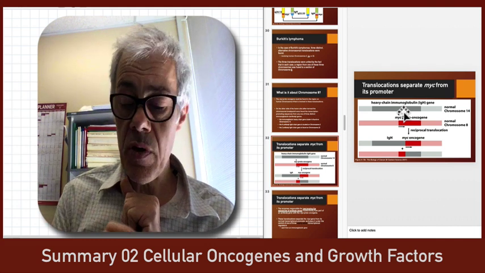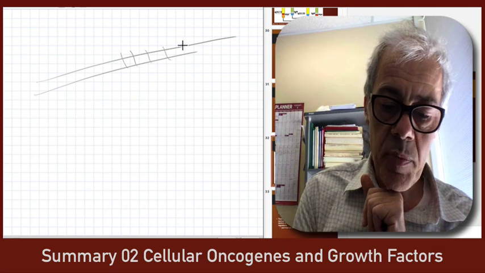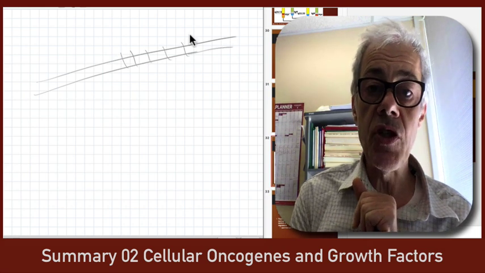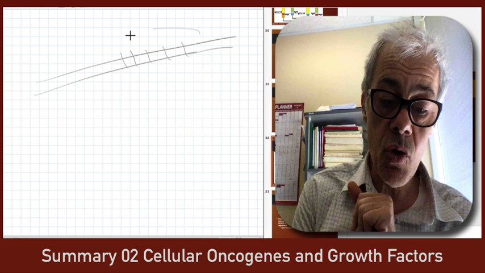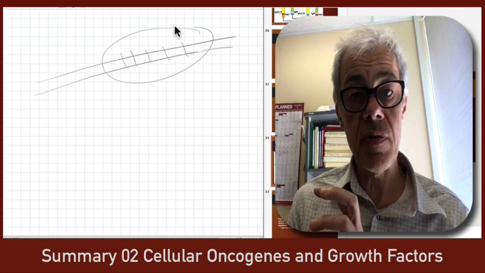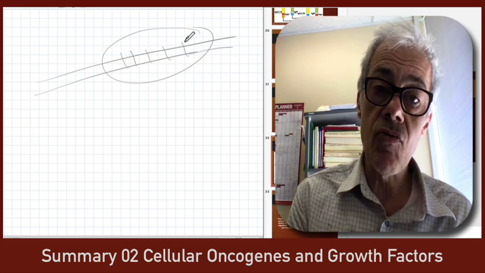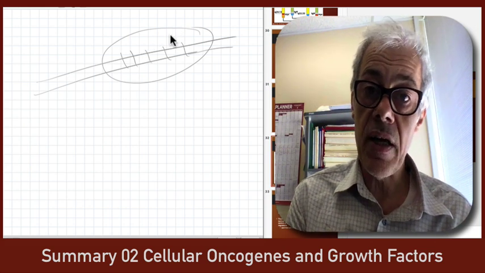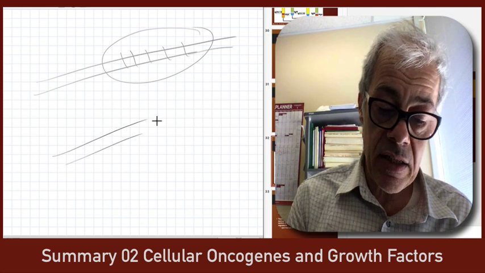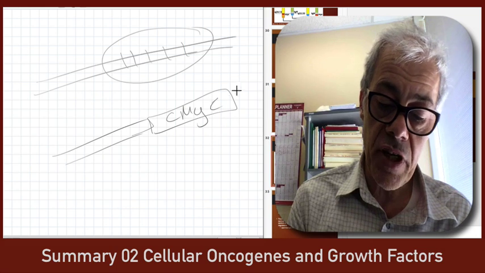what I want to focus on is that there's a region of the genome which is being cleaved and rejoined as a normal cellular process to produce all these different immunoglobulins. Now, sometimes that cleaving and rejoining goes slightly astray, and it gets cleaved and rejoined to the c-Myc gene by mistake.